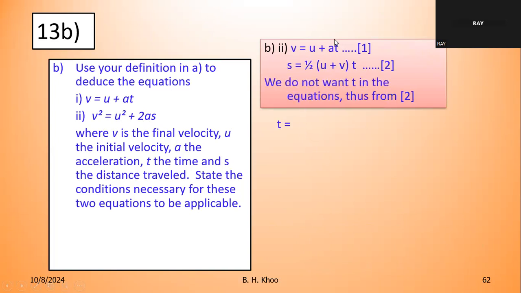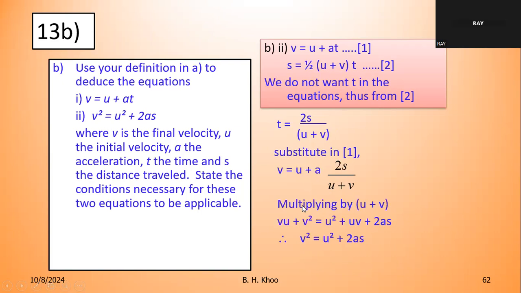So from equation 1 or equation 2, you can work with equation 2 first. Find out t, cross multiply, take u plus v down, take the 2 across there, it becomes 2s over u plus v. And place that t inside equation 1. Then multiply by u plus v to get rid of that.